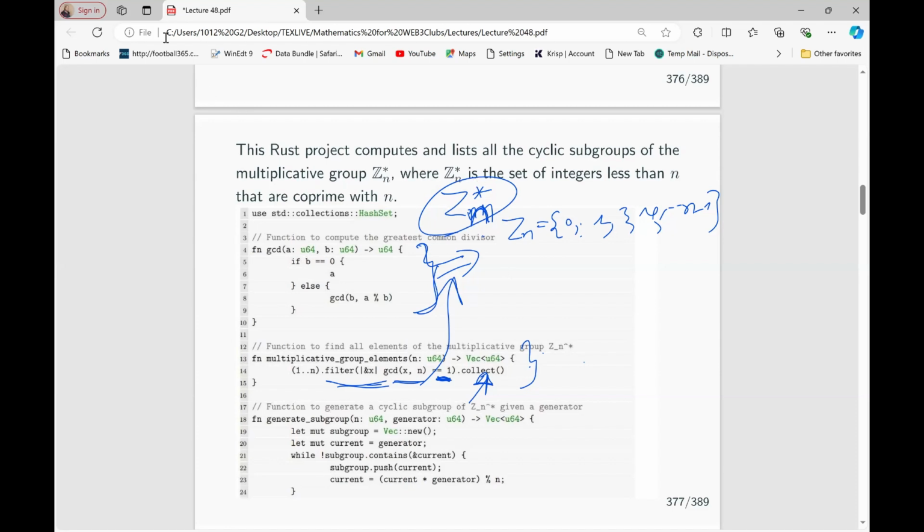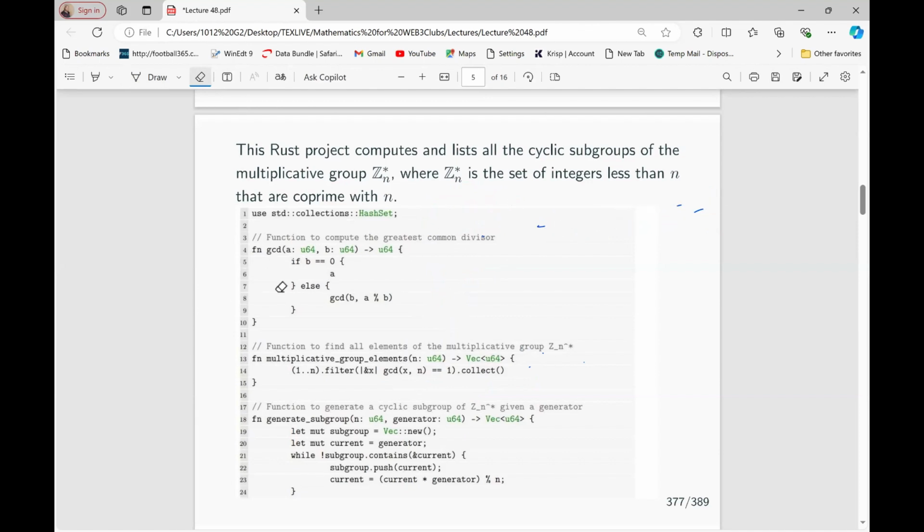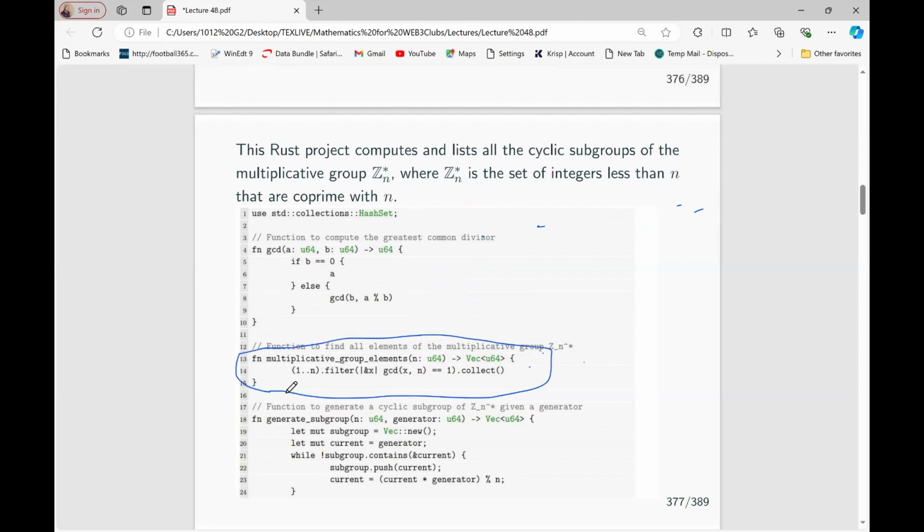So these two are doing different jobs, and we need to understand what they are doing. Of course, you know the calculations going on at every step. This one does. There are no calculations at this point. What this one is doing is, for instance, for Z5 star, it knows that elements range from 1 to n minus 1.